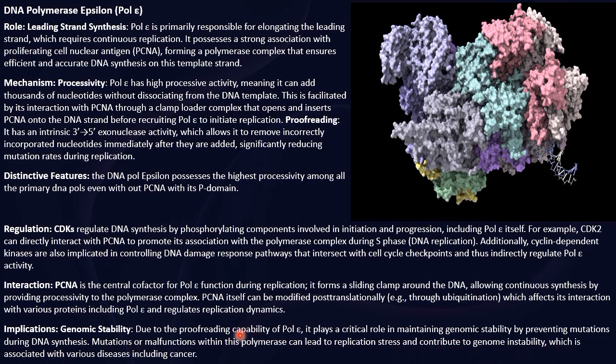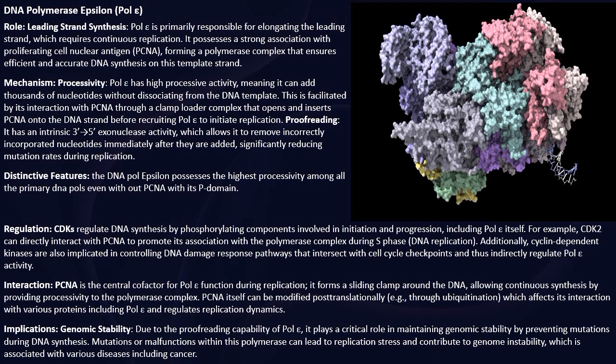And every DNA pol image which I have used in this presentation is a real 3D model or PDB model of the DNA polymerases of yeast cell, which I have downloaded from the official PDB site.